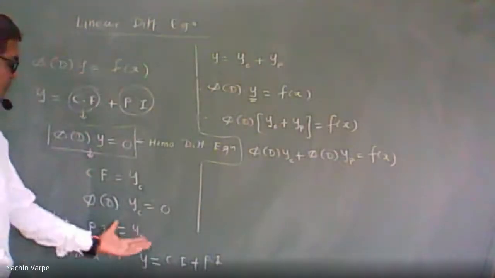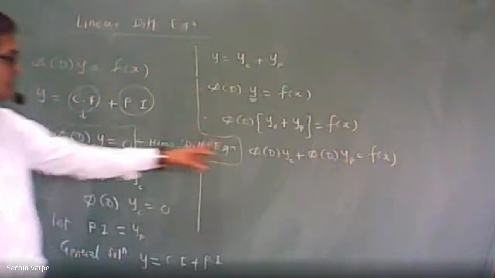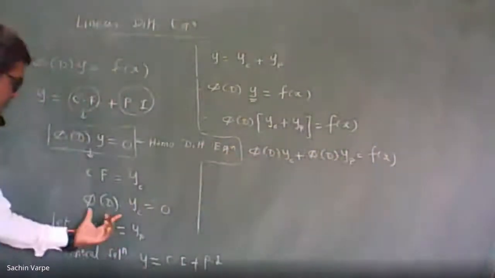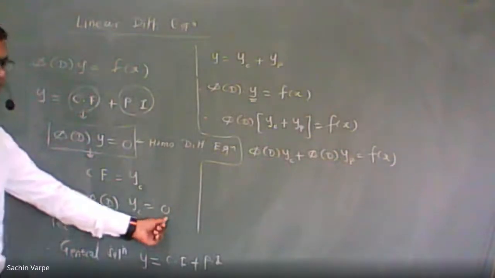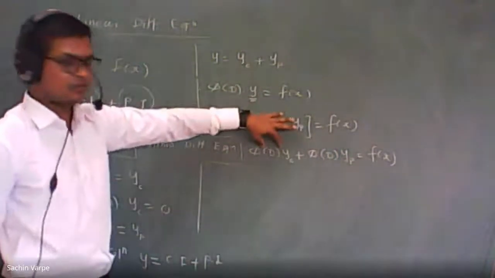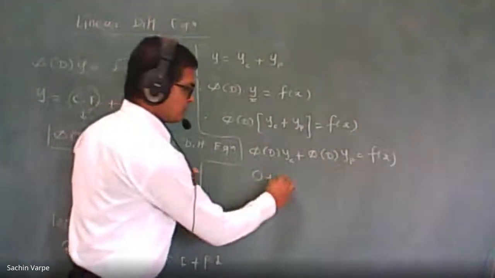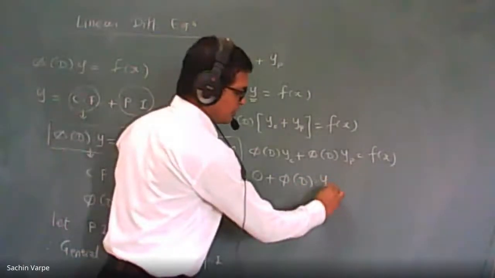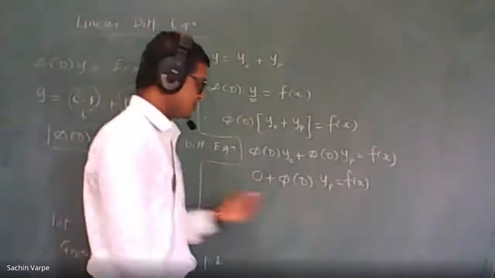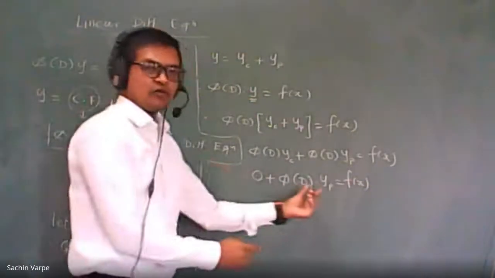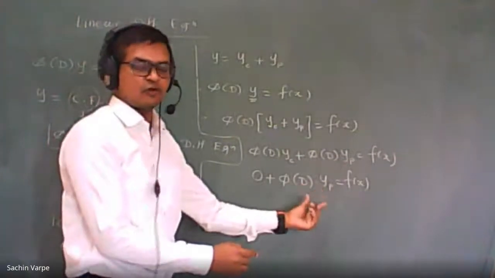But from the previous discussion, what can we say? Phi of D into yc is 0, right? So I can substitute that 0 here. So 0 plus phi of D into yp is equal to f of x, right? Therefore I can write the value of yp from this. What will be the value of yp?